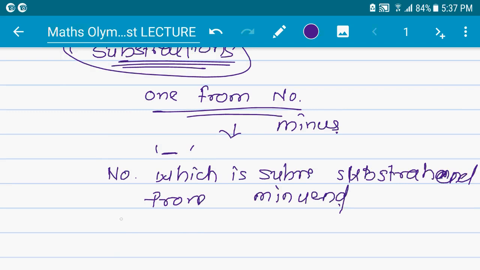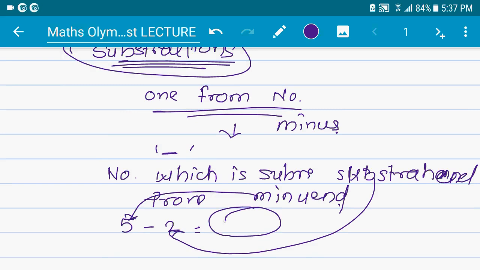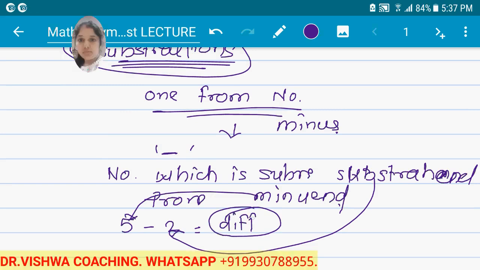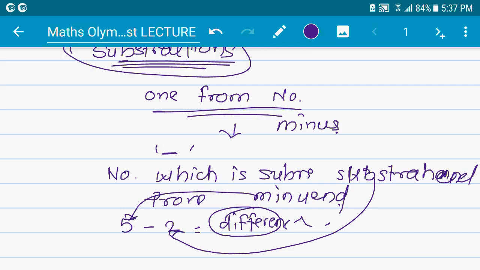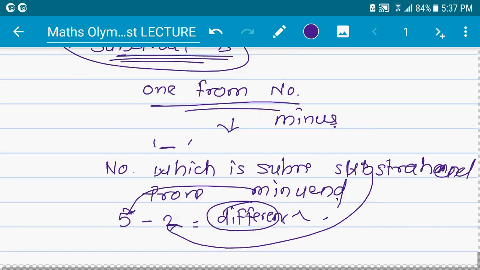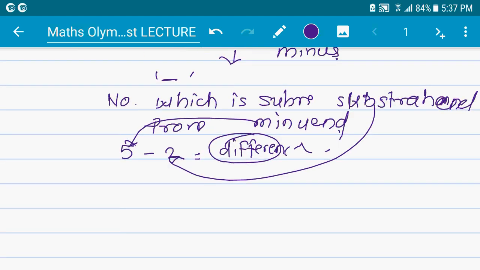Okay, means if we subtract 2 from 5, this is subtrahend and this is minuend, and the answer or the result we get is known as difference. Okay, so this is related to the subtraction.